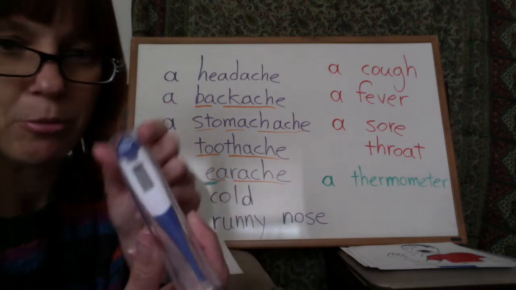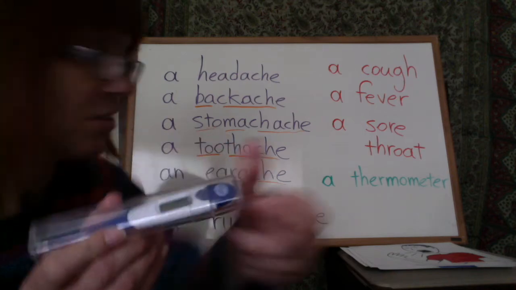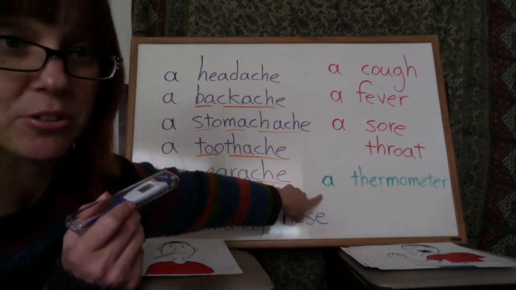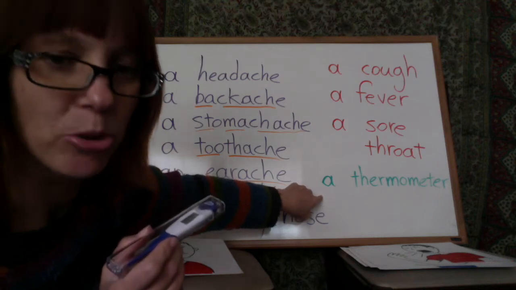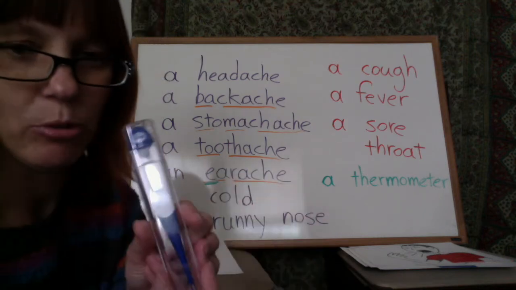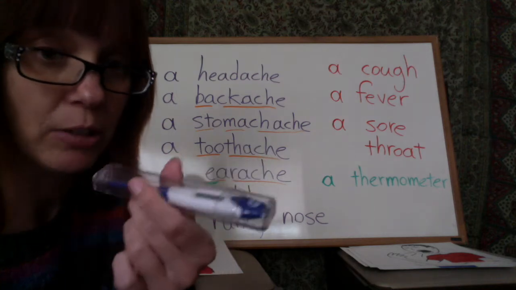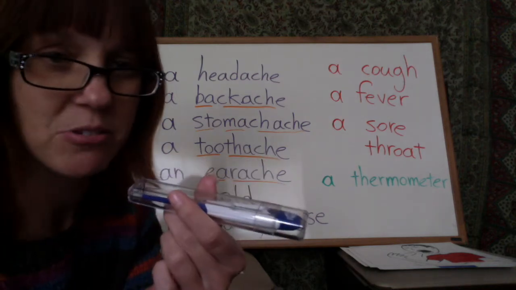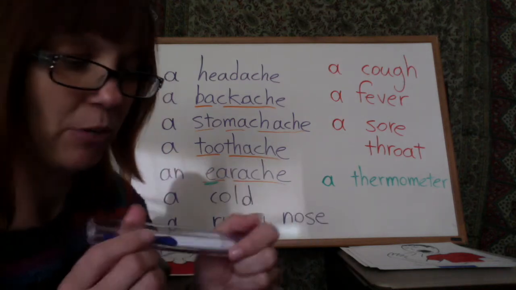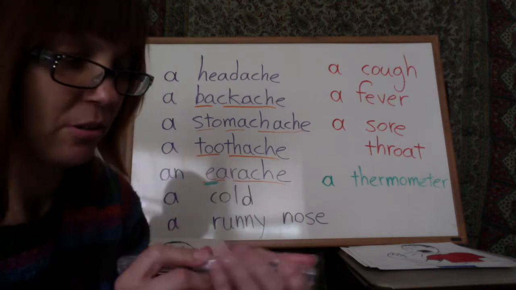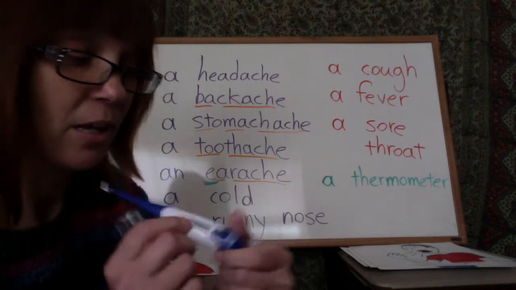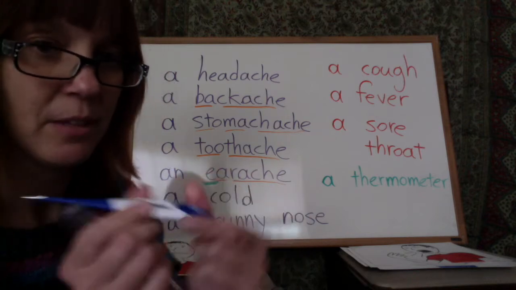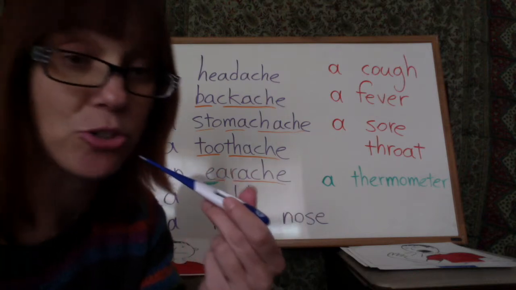They use a thermometer. You can get one at Kroger or Food Lion or CVS or Walgreens. You can buy one, keep it in your house, and you put it in your mouth and push the button, and it takes your temperature.